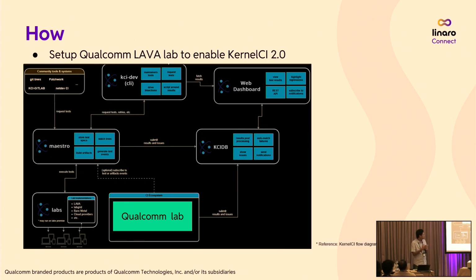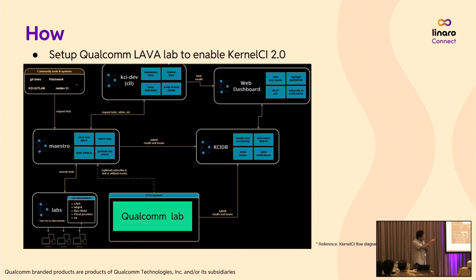A brief introduction, maybe some of you have already seen it. This is the architecture of KernelCI.org and how it works. I will focus mostly here and on our lab. There is software they call Maestro, and it triggers the artifacts based upon how monitored kernel heads are moving, and triggers an event in JSON format.